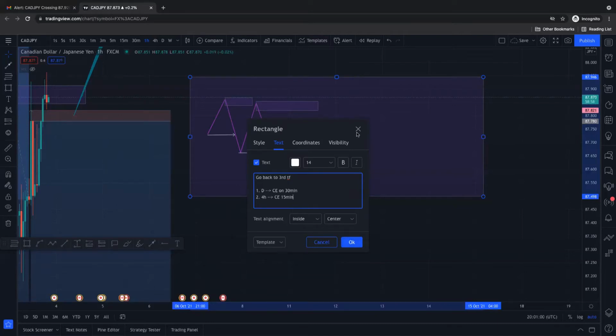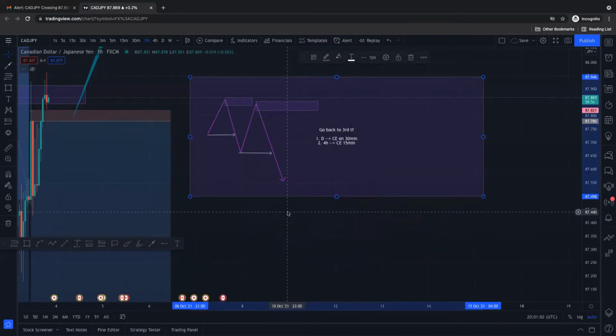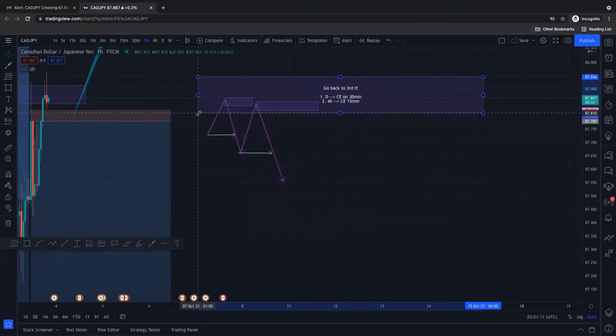So this is a little trick if you are not comfortable directly switching to the 1 minute when the price hits your order block. But if you refine your daily order block to, let's say, a 15-minute order block, then you can take entry on 1 minute.